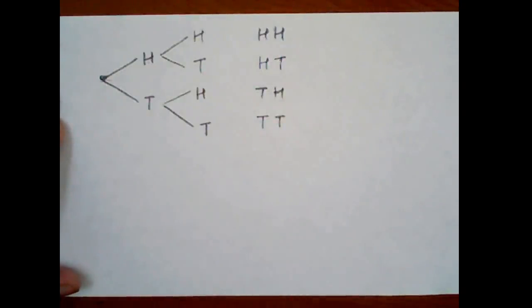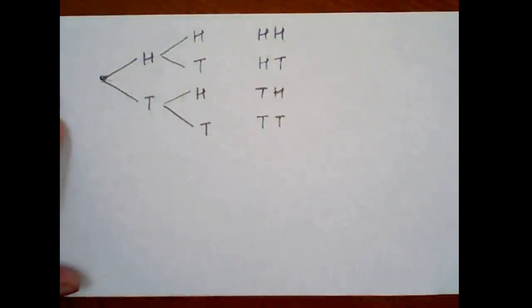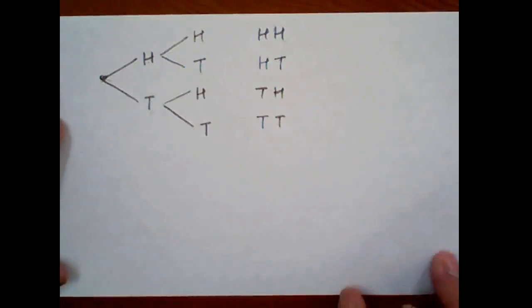Now, if I ask the question, what is the probability of getting heads as an outcome when you toss a fair coin twice? Okay, let's see how we can do that.